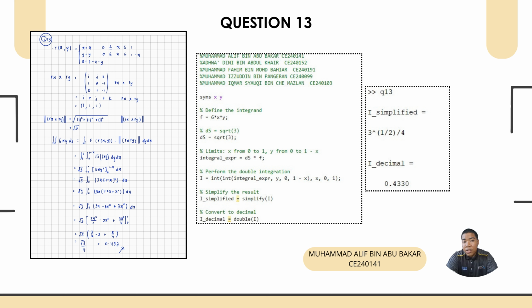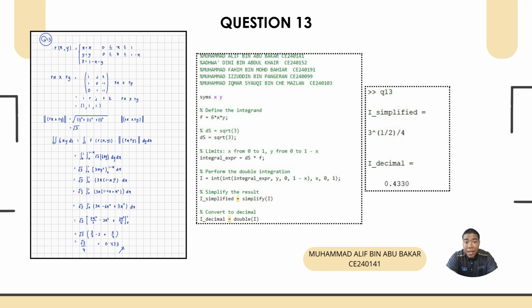The surface area element ds is given by the square root of 1 plus the square of the partial derivative of z with respect to x plus the square of the partial derivative of z with respect to y. Both derivatives are negative 1, so the surface element becomes the square root of 3 dx dy.